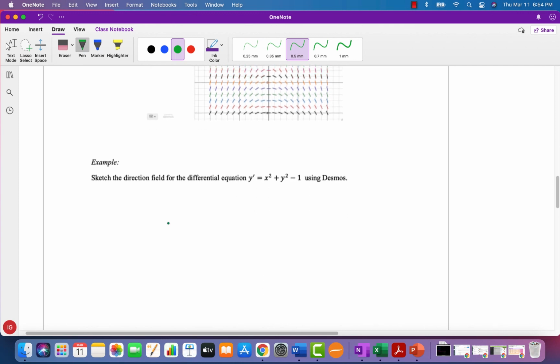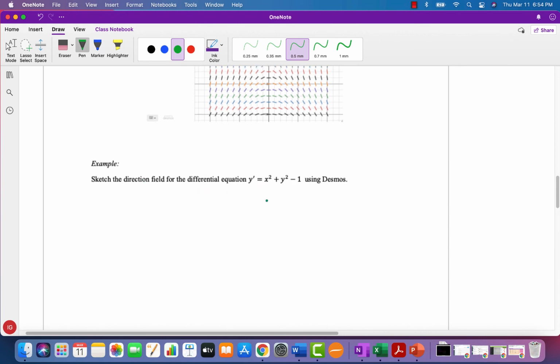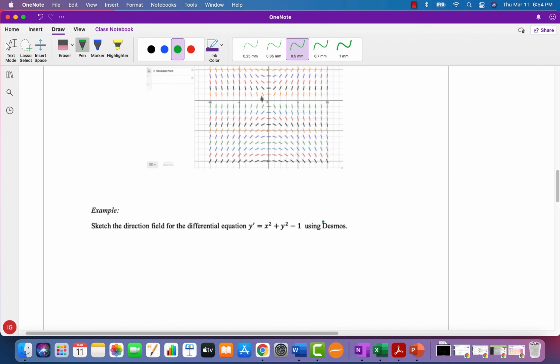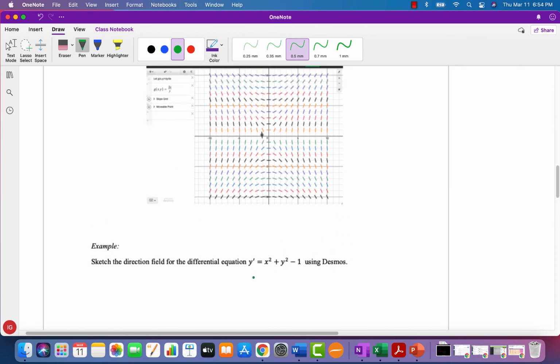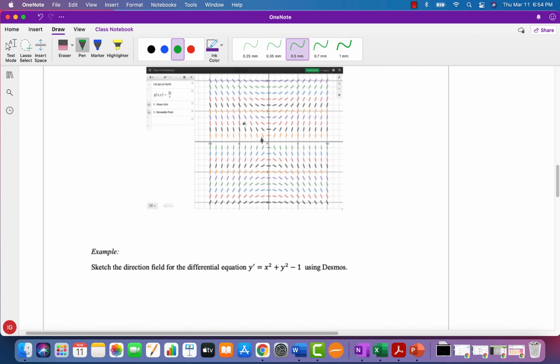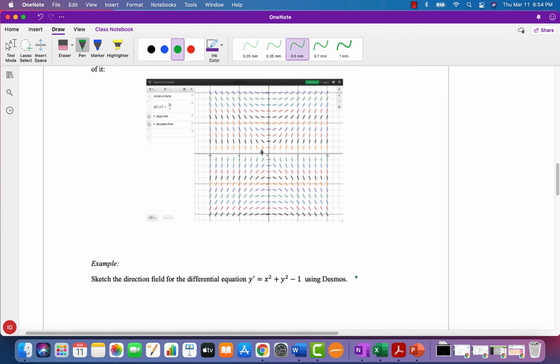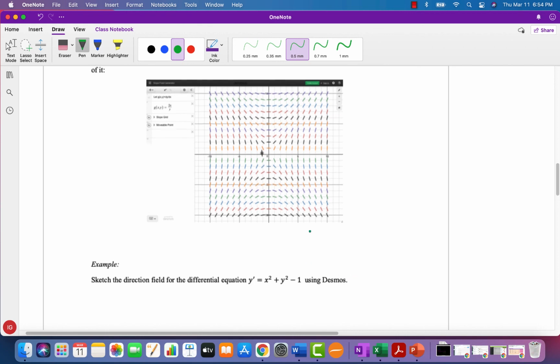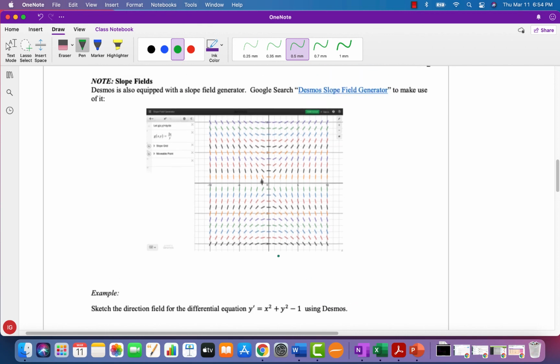Now here, what I want you guys to do is practice, and sketch this. If you use Desmos, you plug in your function here, your differential equation, and I want you to see your slope field, okay, and see if you're able to use it.